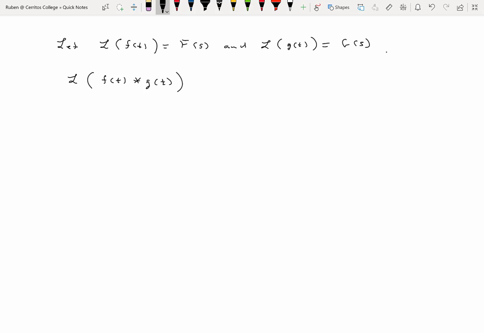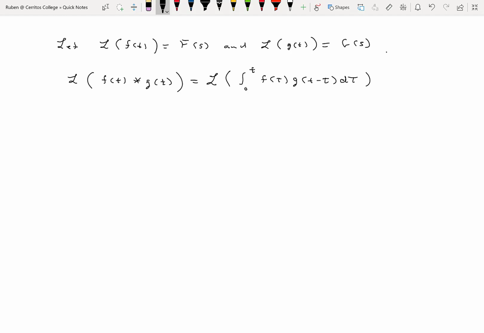Now we're going to go all the way back to the definition of the Laplace transform. First of all, we're going to go into the definition of the convolution. The definition of the convolution, remember, is the integral from 0 to t of f of tau g of t minus tau, integration with respect to tau.